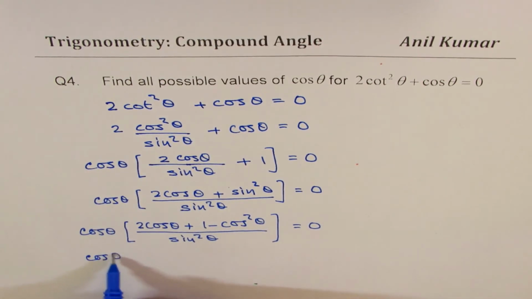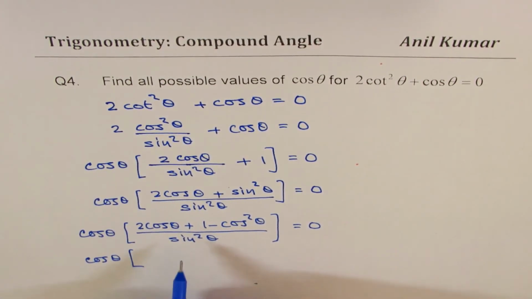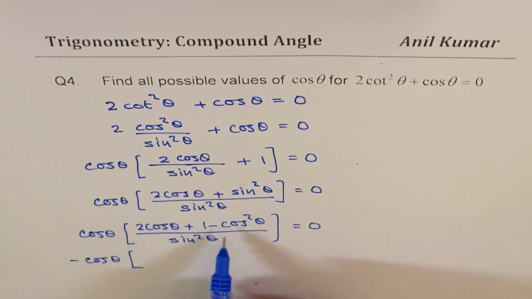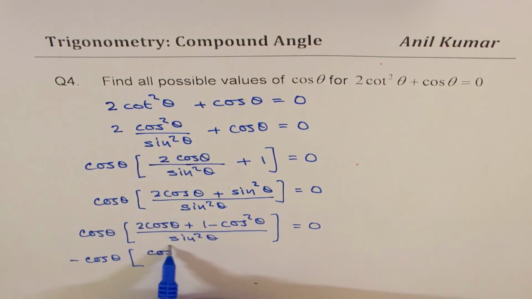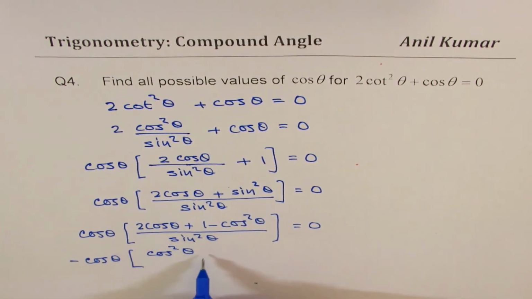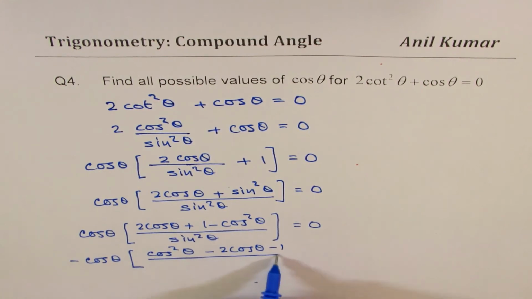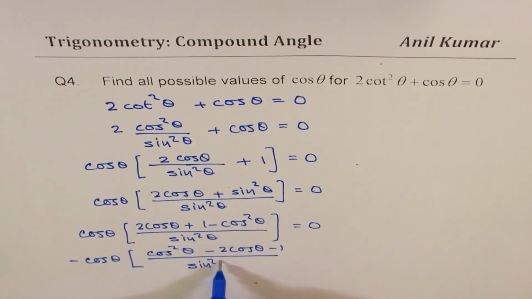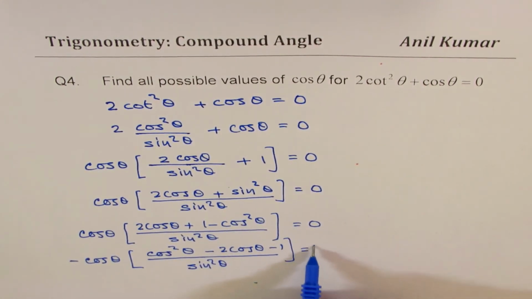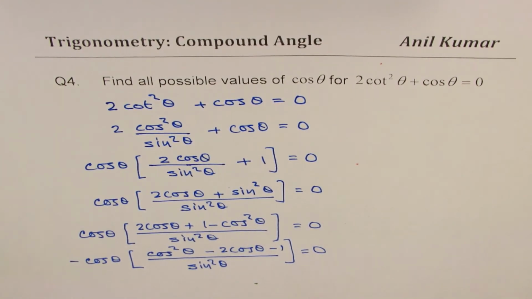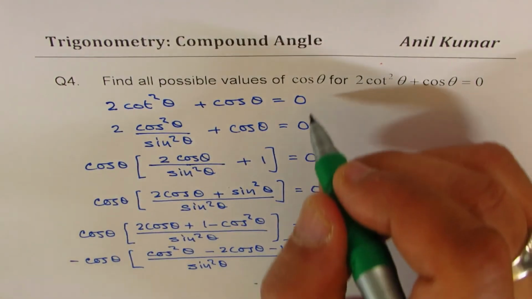Let's take minus outside. So we get cos square theta minus 2 cos theta minus 1 over sine square theta equals to 0. So we have a factored form and a quadratic equation.